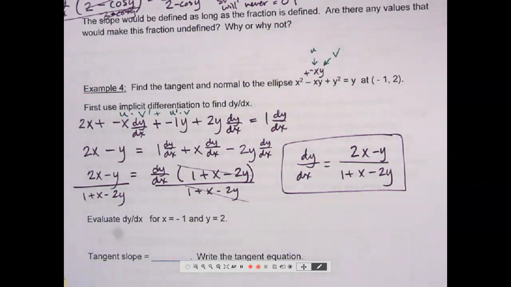Once you get your dy/dx, I'll regroup and make sure we're on the same page.